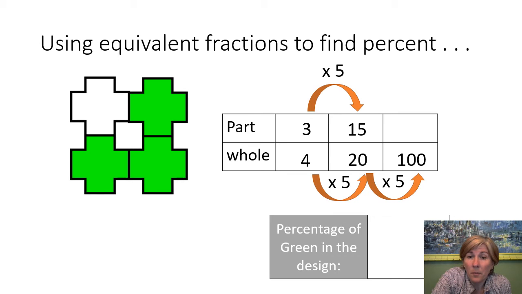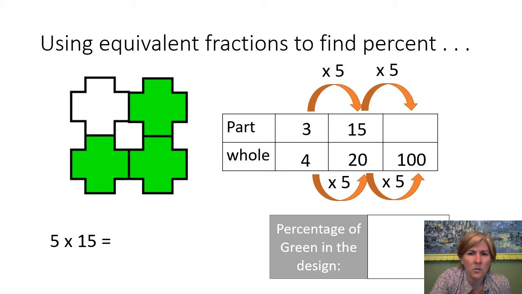And what I do on the bottom, I also have to do on the top, but I can't just quickly in my head figure out what 5 times 15 is. So I'm going to go off to the side here and I'm going to go, okay, so 5 times 15, I know that's the same thing as 5 times 10 plus 5.